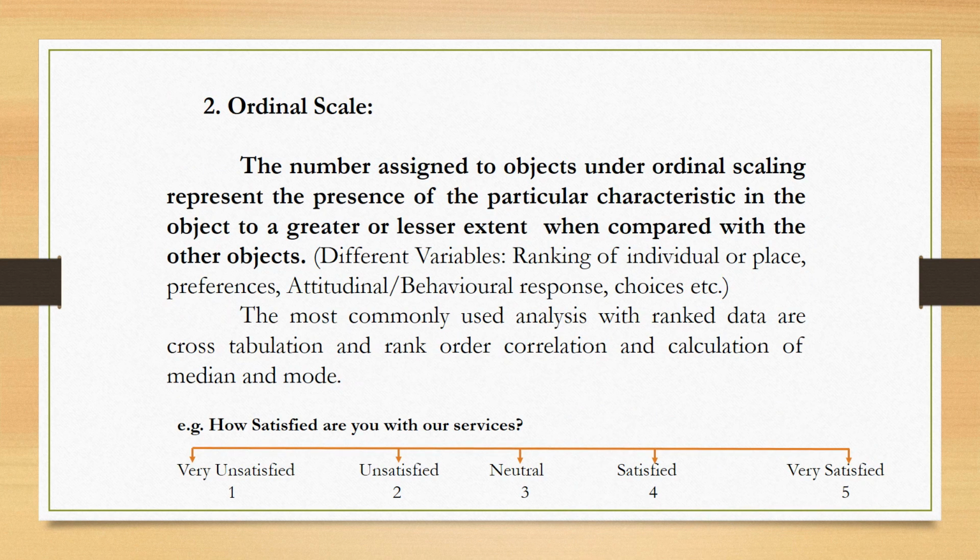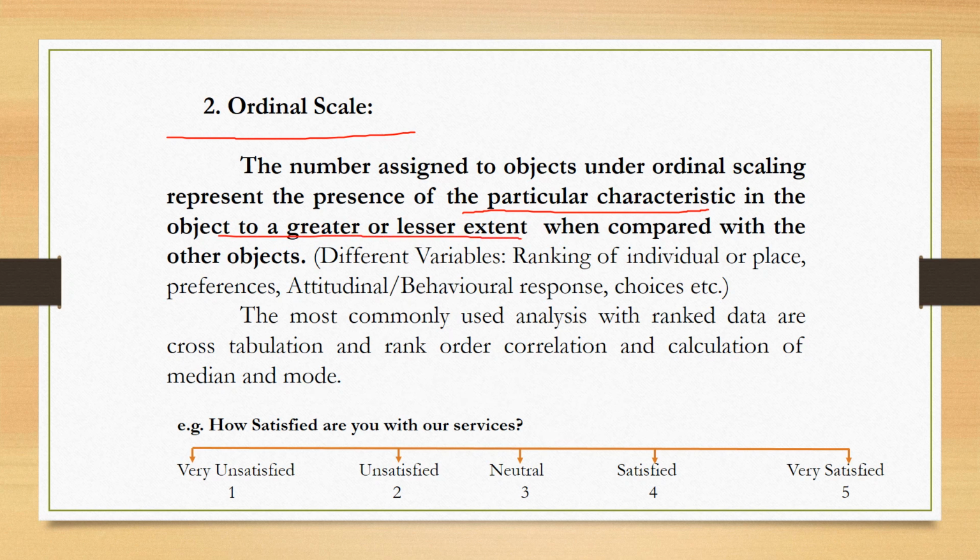The next is the ordinal scale. The numbers assigned to objects under ordinal scaling represent the presence of a particular characteristic in the object to a greater or lesser extent.